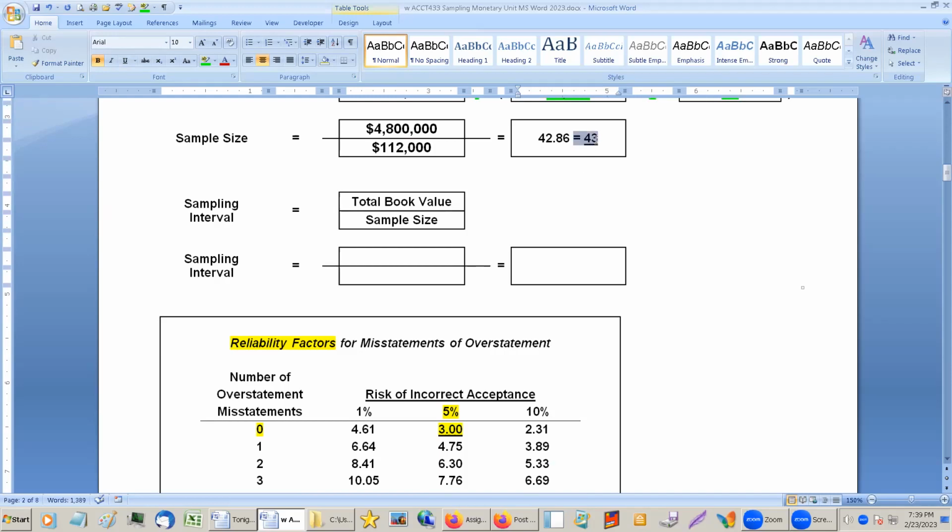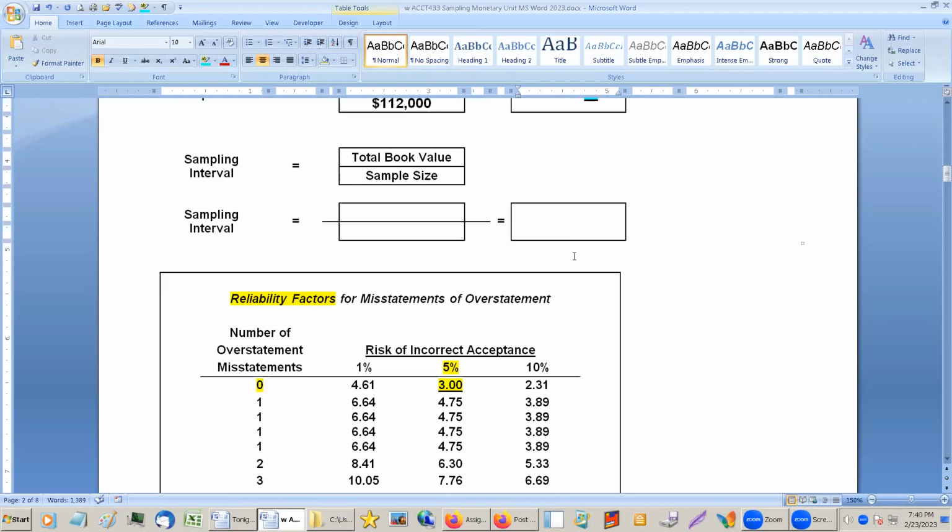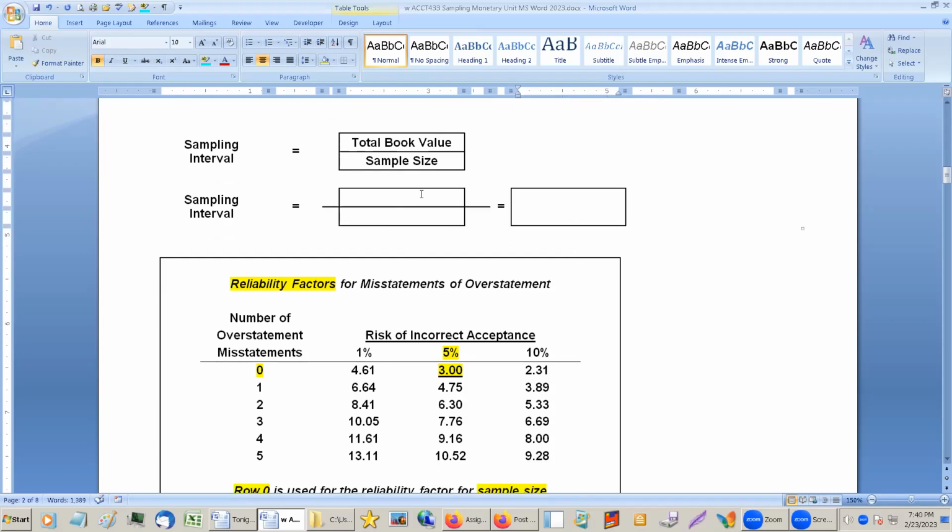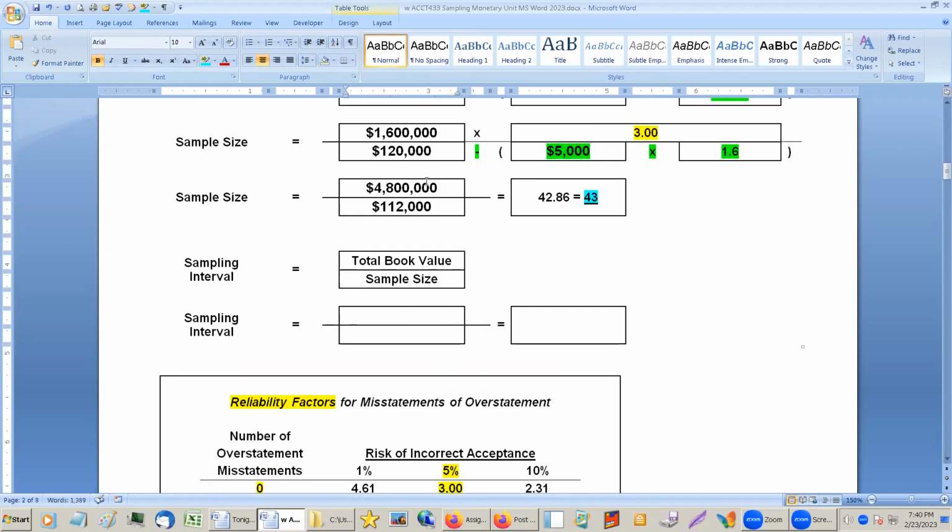So in this case, it'll be that. Book value is 1,600,000. And the sample size is the 43.